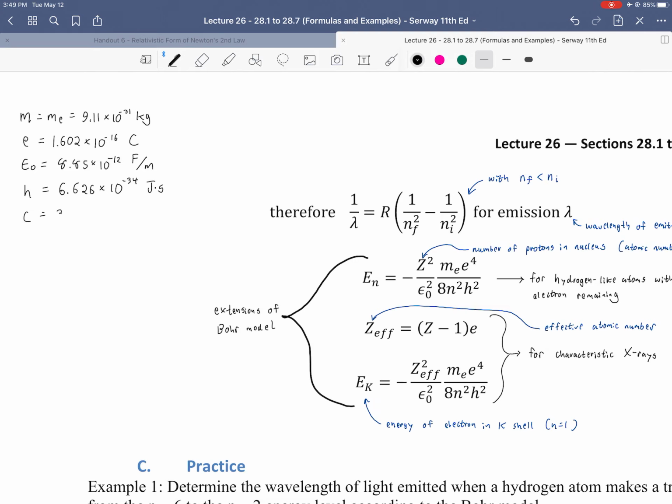All right. We got the speed of light, 3.00 times 10 to the 8 meters per second. And lastly, the Rydberg constant, which we don't need, right? But I did express it. And that's 1.097 times 10 to the 7th. And that one has inverse meters as its units. All right? So there they all are in summary.